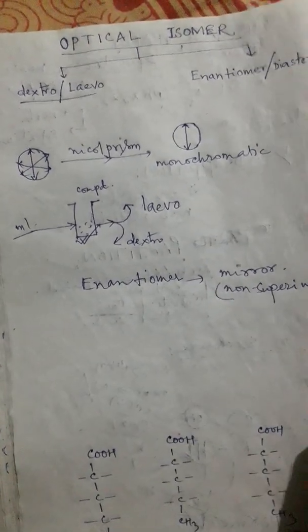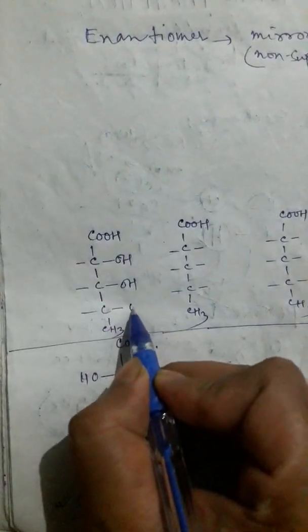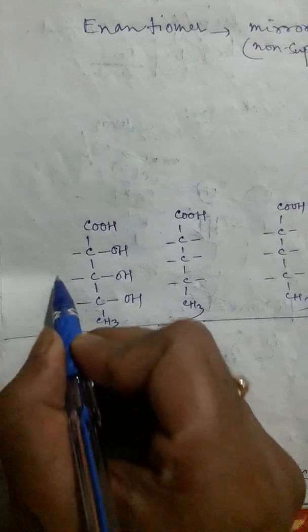Okay. Take one example. Suppose this compound has CHO, then suppose this is OH, OH and OH, and on the left side H, H and H. Now if you put a mirror here, then you will see OH will come on the left side and the right side will be just hydrogen.